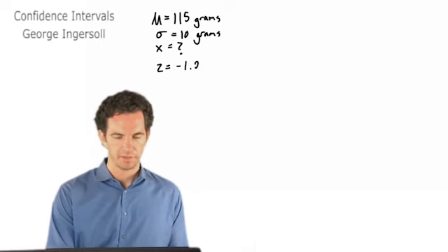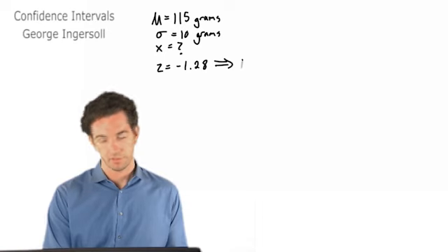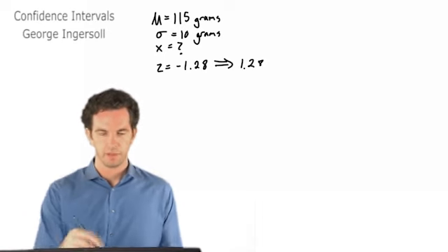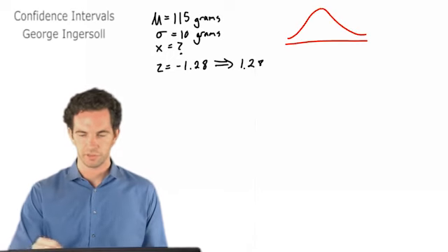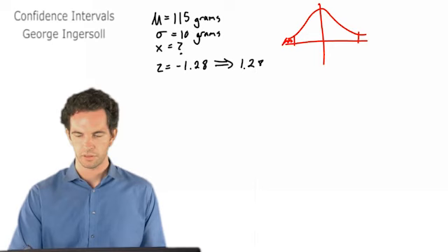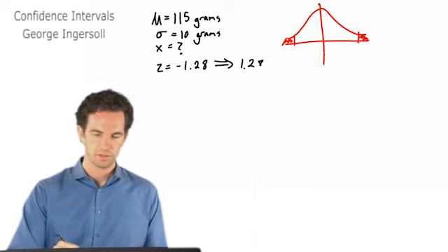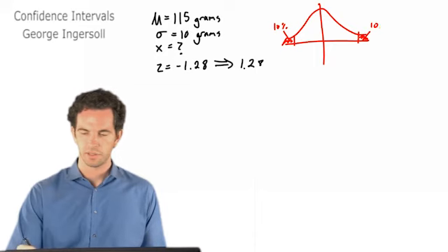So the lower bound is going to be negative 1.28, and the upper bound is going to be 1.28. And because I said this is a good idea, I'm going to draw out the curve, just so we're all clear. This is 10%. This is 10%.